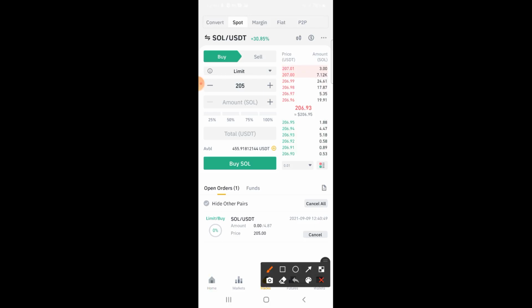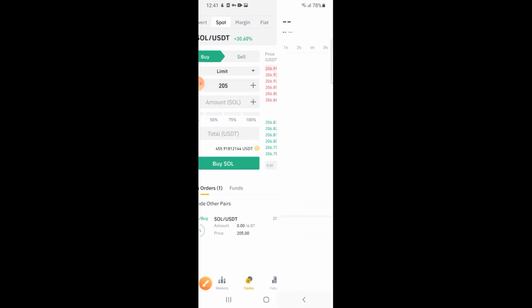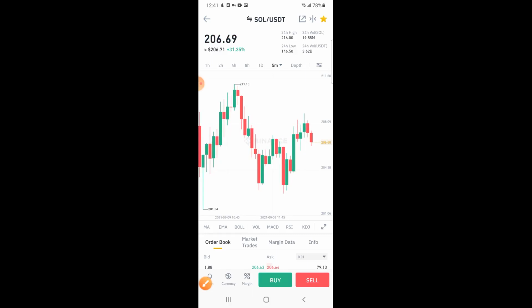See how much time it will take to complete. Now its price is going to 206. Click on the candle. Now it's going down again, 206 and 205. The technique is the same.